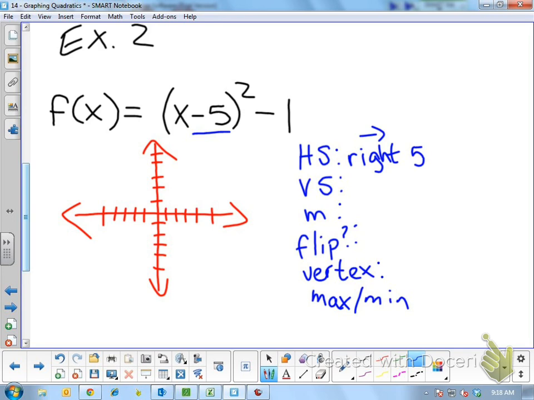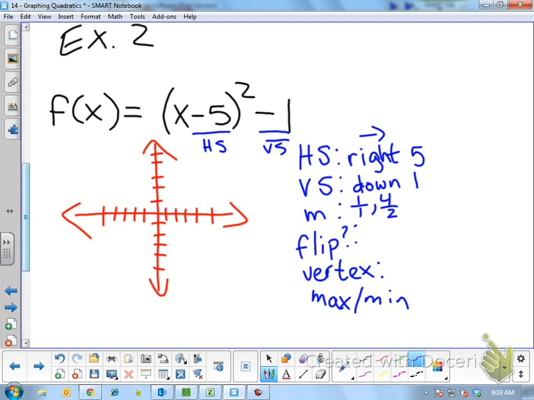Okay, what about the number outside? So inside was horizontal shift, outside was vertical shift. Is that telling me to move up or down? Down when it's negative, down 1. If there's no number in front, our slope doesn't change. We're not really going to talk about the slope changing until next time.